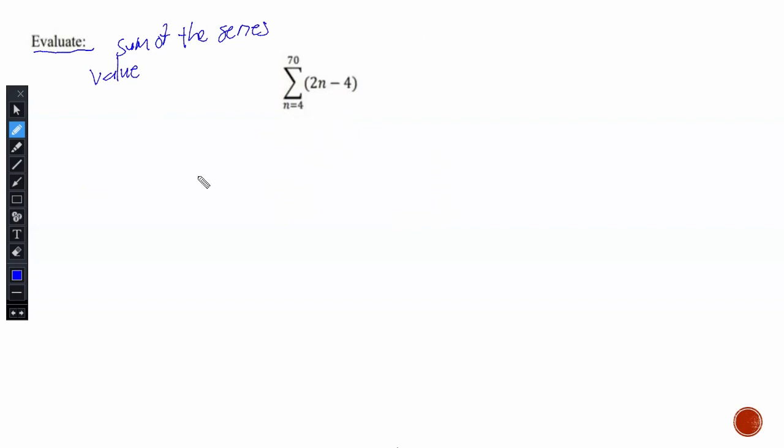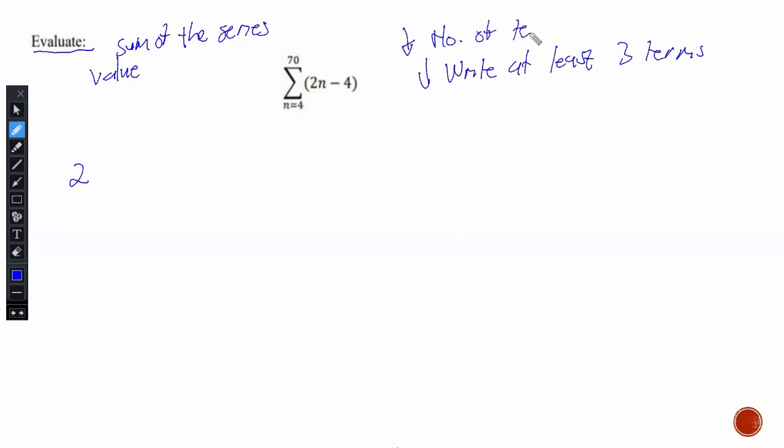Remember, the one thing that you have to do is, I said you must write at least 3 terms. These 3 terms will tell you what type of pattern we have there. Is it arithmetic or is it geometric, right? But I also said you must find the number of terms.